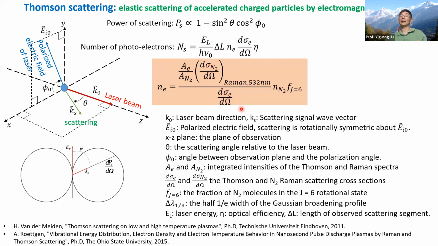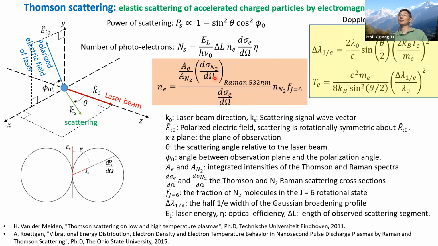If you pick a particular molecule like nitrogen, you can obtain the electron number density by taking the ratio of Thomson scattering to Raman scattering, canceling the other constants. So this allows you to measure electron number density by the Thomson to Raman scattering ratio.